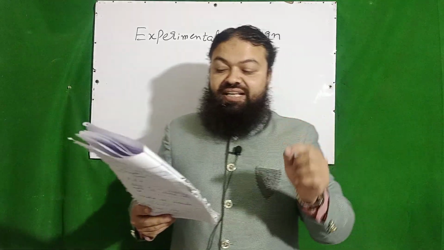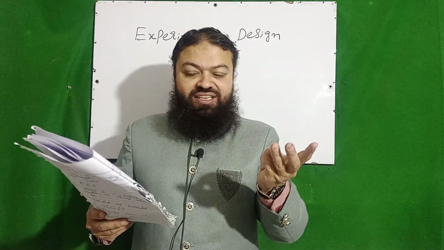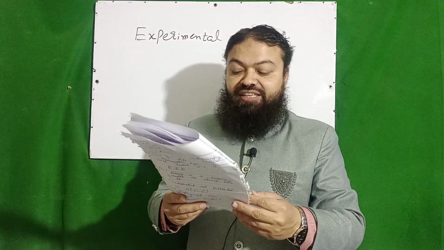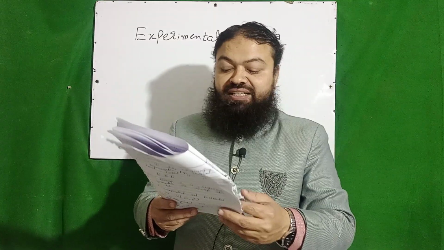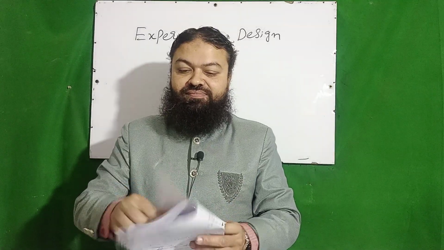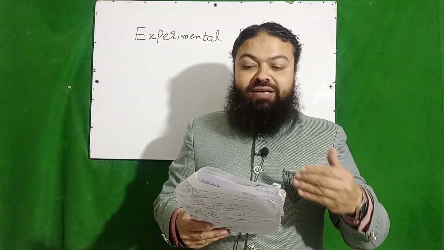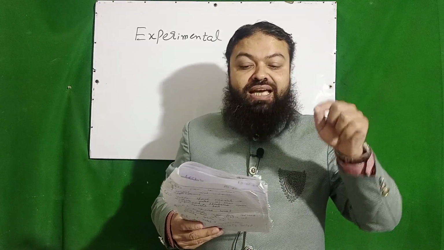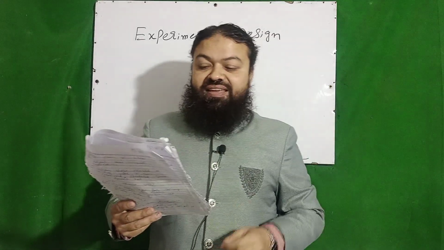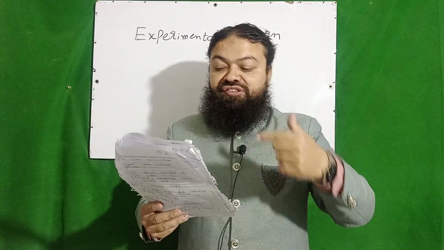Next, CRD is based on the principles of randomization and replication. Next, when experimental material is limited and homogeneous, CR design is used. The experimental design which provides maximum degree of freedom for the error is the completely randomized design. Next, a completely randomized design is also known as non-restrictional design.